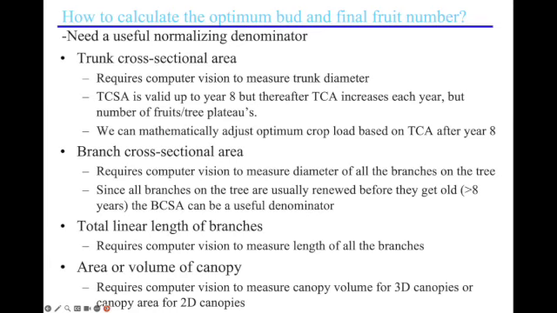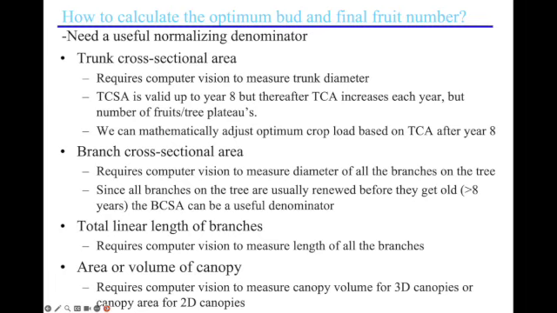We tend to renew any branch that gets relatively dominant, and so they're usually cut off the tree before they get older than 8 years of age, when branch cross-sectional area wouldn't be that useful. And since we can continually renew branches, and the tree, even though it might be 15 years old, has small branches, the total branch cross-sectional area would be a useful method. And so that's another thing that companies could think about measuring to give us the right denominator.